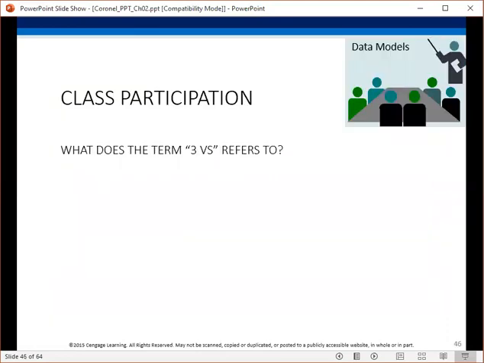So what do the 3 V's refer to? I'll take this one again. The term 3 V's refers to the 3 basic characteristics of big data databases. They are volume, and that refers to the amount of data being stored.